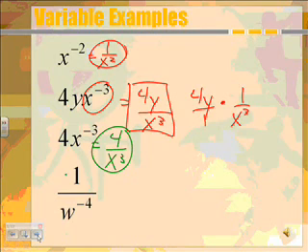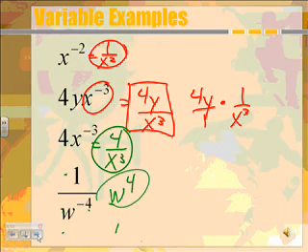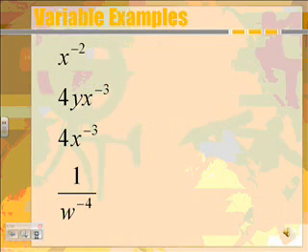To get rid of the negative exponent, you got to move it. Whether it's on bottom or top, doesn't matter. You got to move it to the top. So it's w to the positive 4 over 1, but there's no need for that 1. It's just w to the 4. Done. Answer. Okay? Don't make it complicated.